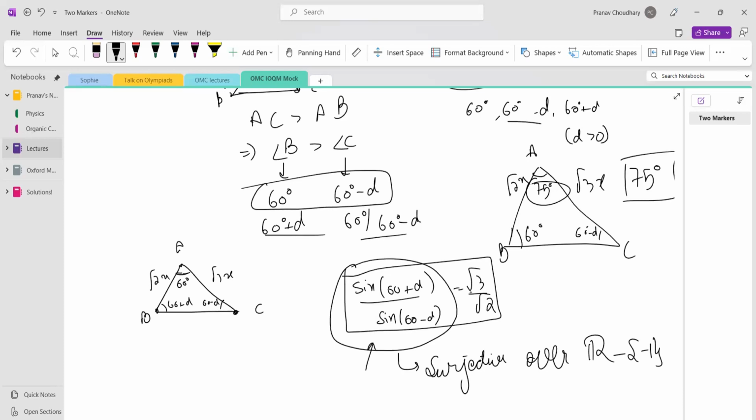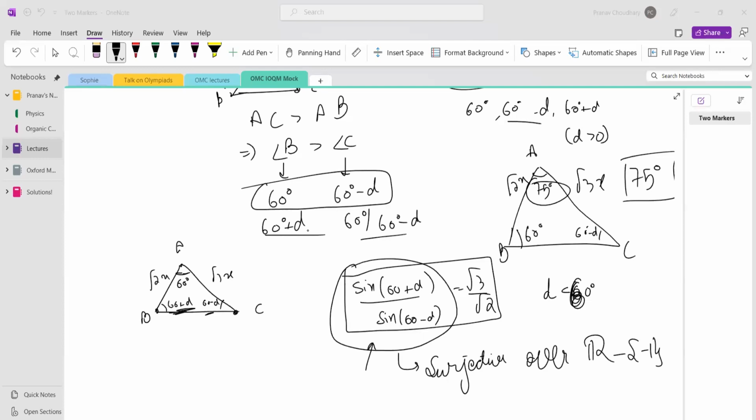And by some bounding stuff, I'm not going into much detail of that bound, you can basically show that the D that you'll get will be less than 60 degrees. They're obviously positive, but less than 60 degrees. So there will be such a D which satisfies that both these angles exist and angle is 60 degrees. So basically there are two solutions, 60 degree and 75 degrees for A.